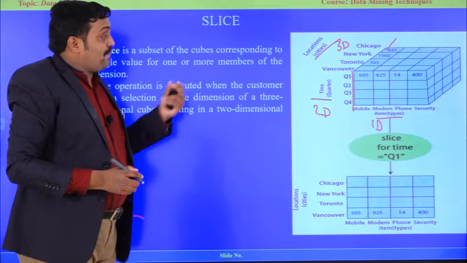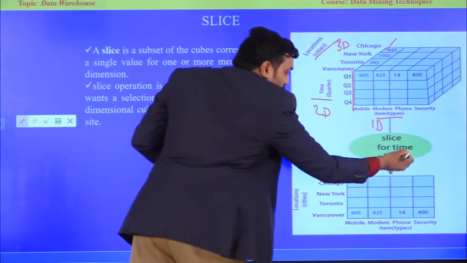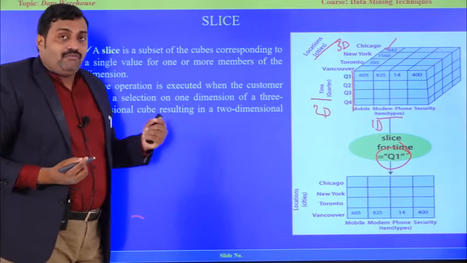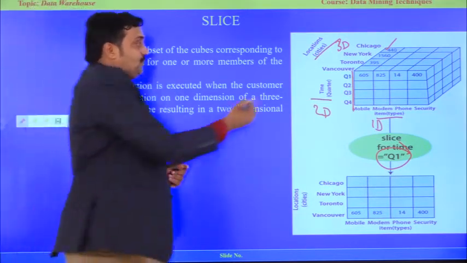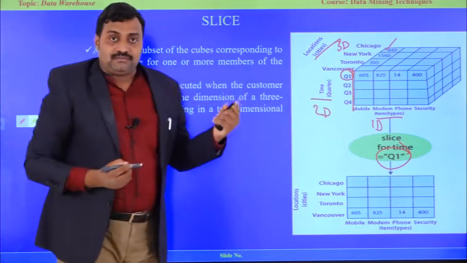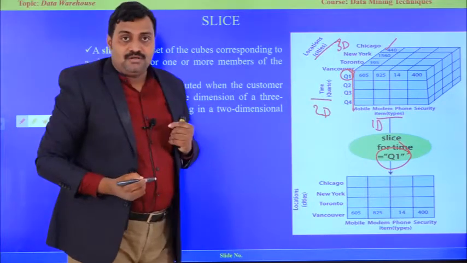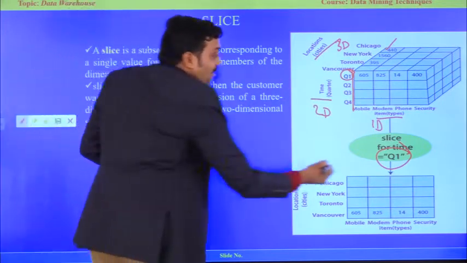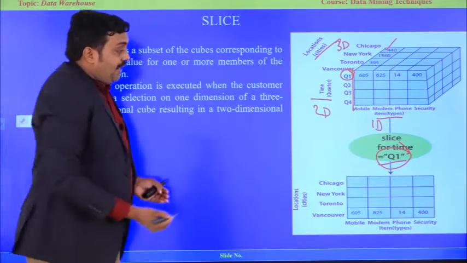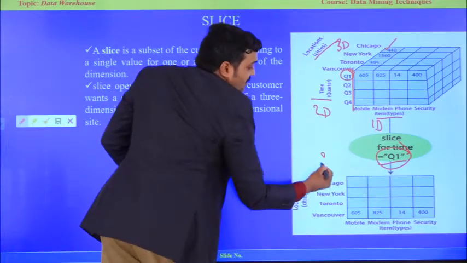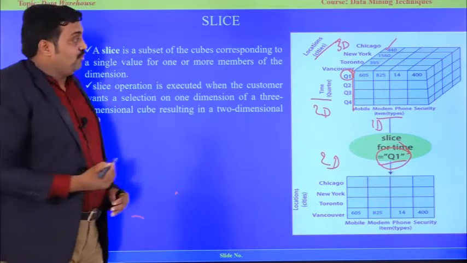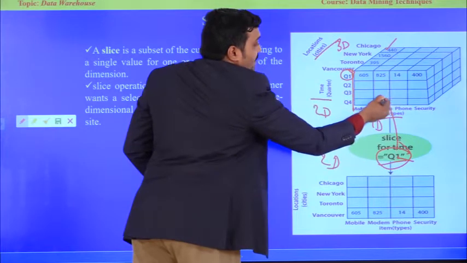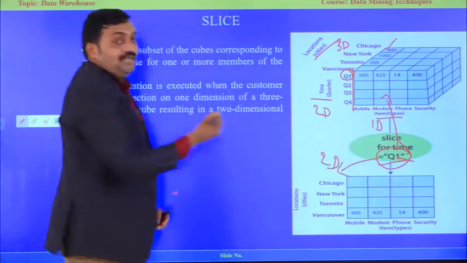I want to find out quarter one, that is, the sales in Q1 of a particular location for a particular product. So we need simple data for the first quarter in a 2-dimensional way. We apply an operation with 1 dimension on 3-dimensional data to get 2-dimensional data.